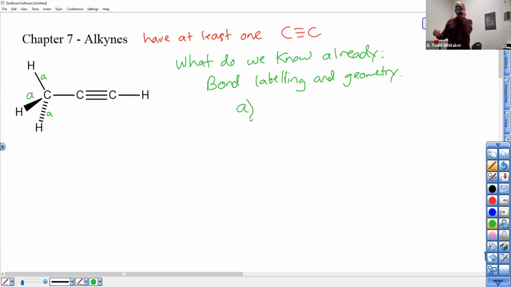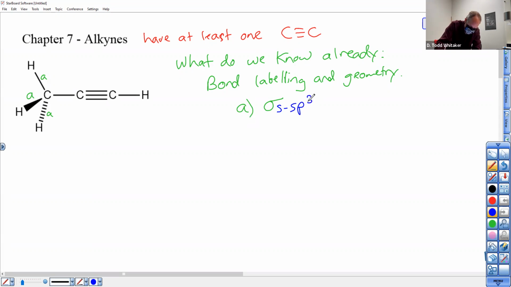Is it a sigma or a pi? Sigma between what orbital on hydrogen every time? S on hydrogen. And the carbon has what hybridization with 4 sigma bonds and 0 lone pairs? sp3.